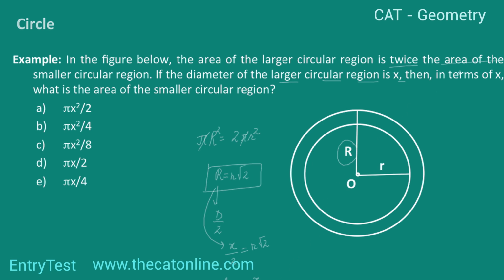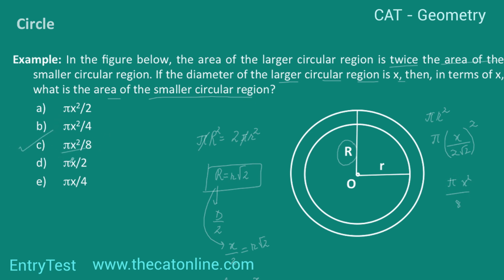Then in terms of x, what is the area of the smaller circular region? The area of the smaller circular region is given by pi r square. I want it in terms of x. So I'll put the value of r as x over 2 root 2 and square it. So my answer becomes pi x squared over 8, giving option number C as my answer.